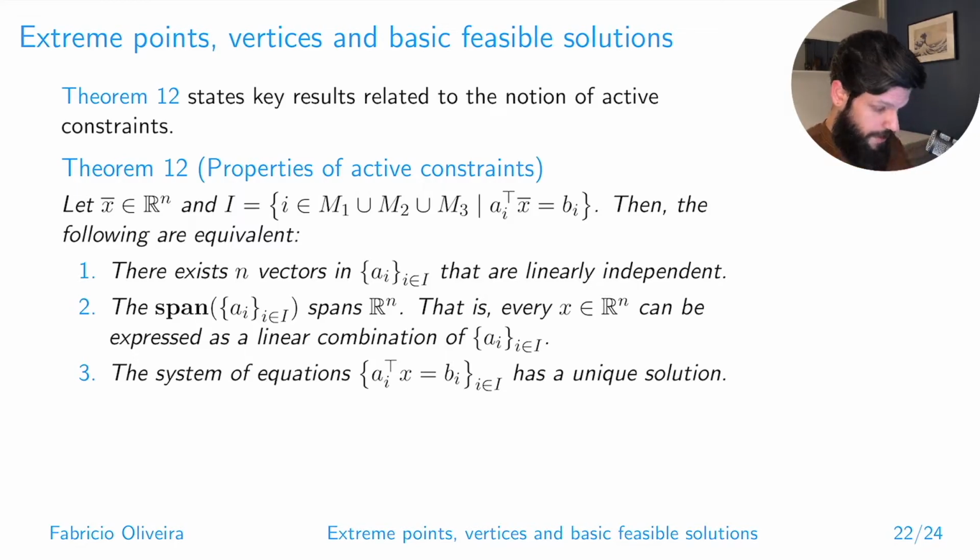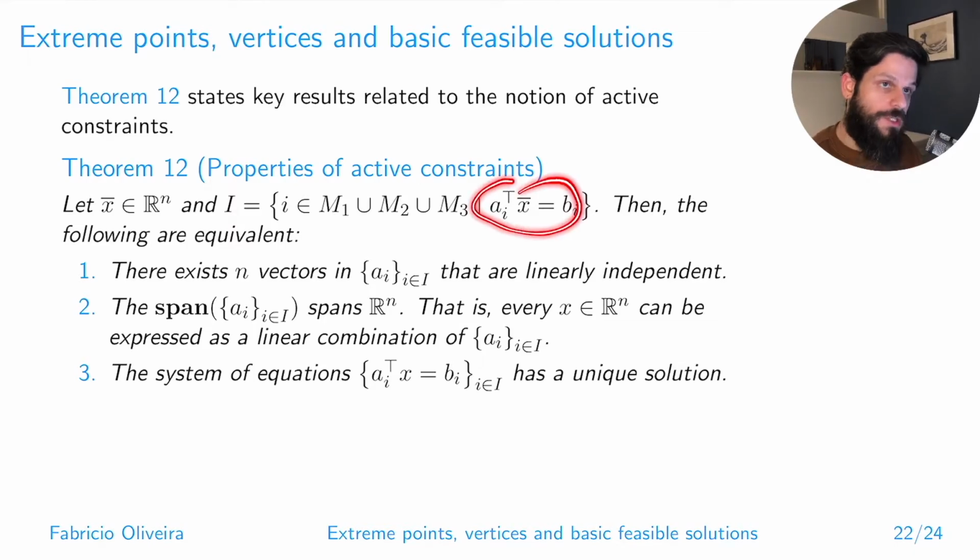So let us define x bar like so, and let's call capital I the set of constraint indexes that are active at x bar. So I give you a point x bar, you look at which of the constraints are active, and then you return me those constraints that are active. The indexes of these constraints live in this capital I set.